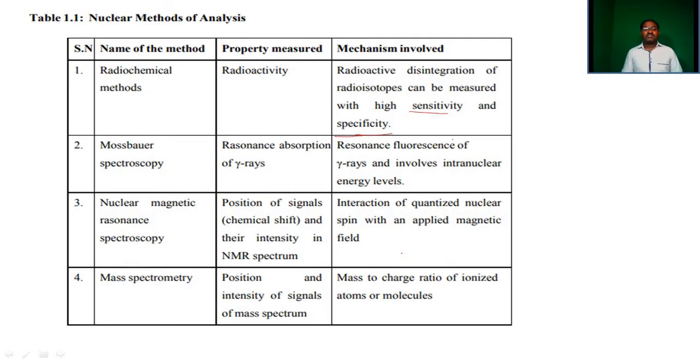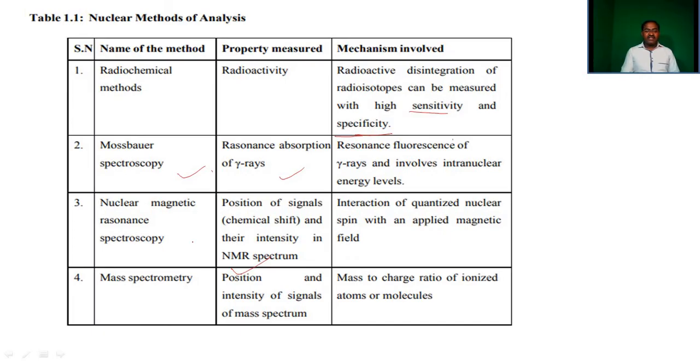In Mössbauer spectroscopy, resonance absorption of gamma rays is the property generally used. It involves resonance fluorescence of gamma rays and internuclear energy levels.